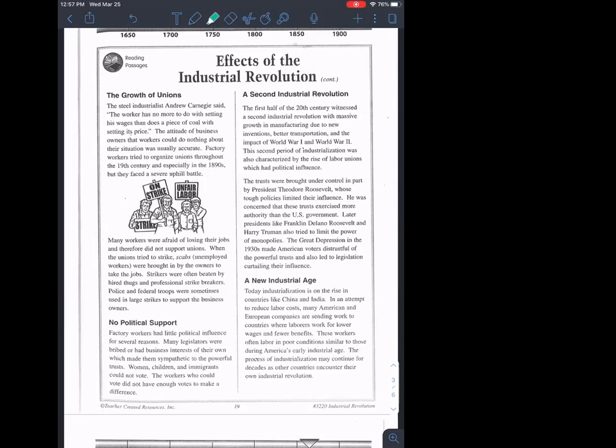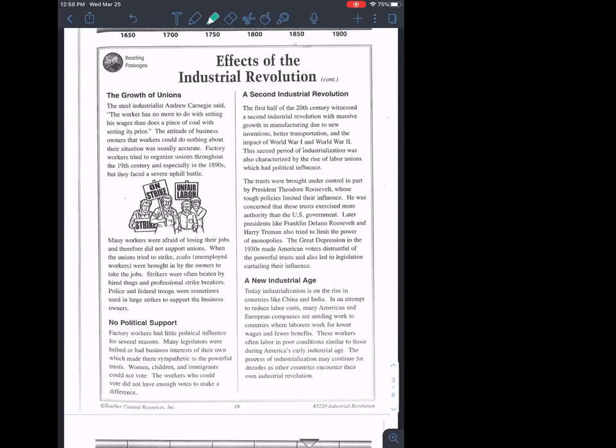The trusts were brought under control in part by President Theodore Roosevelt, whose tough policies limited their influence. He was concerned that these trusts exercised more authority than the U.S. government. Later, presidents like Franklin Delano Roosevelt, FDR, and Harry Truman also tried to limit the power of monopolies. The Great Depression in the 1930s made American voters distrustful of the powerful trusts and also led to legislation curtailing or stopping their influence.